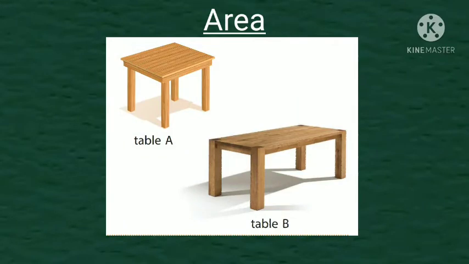Look at these two tables. If you were to cover the surfaces of these two tables with newspapers, which table do you think will require more sheets? Table B requires more sheets than table A. So, which table has a greater surface, A or B?